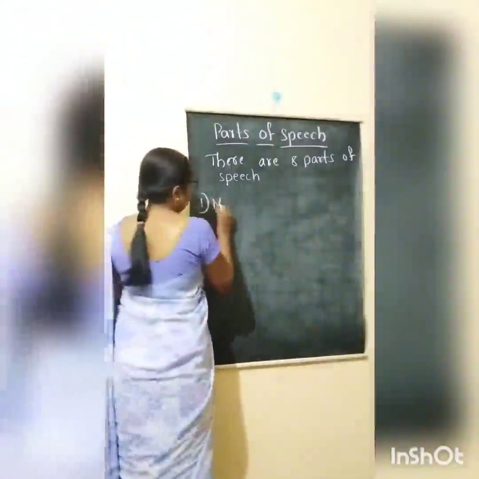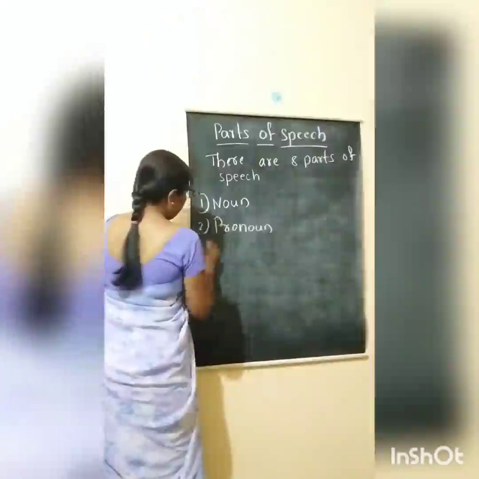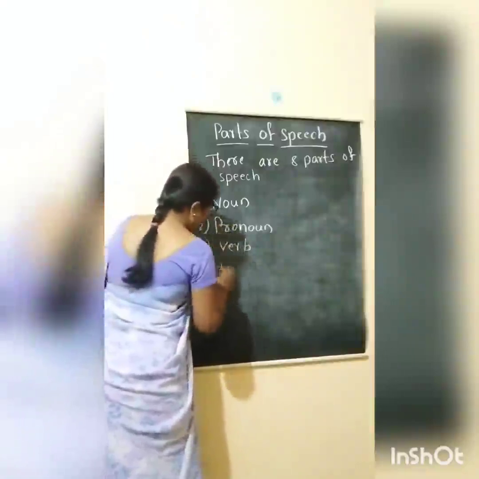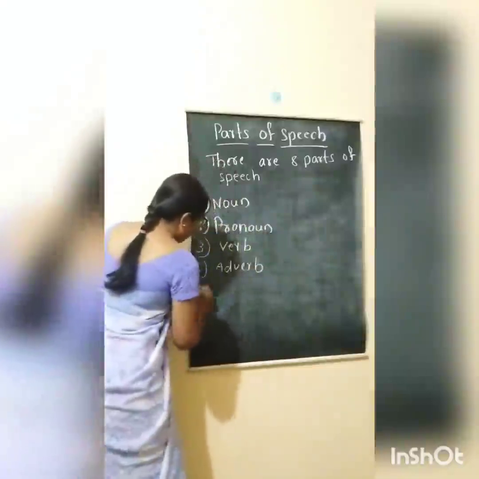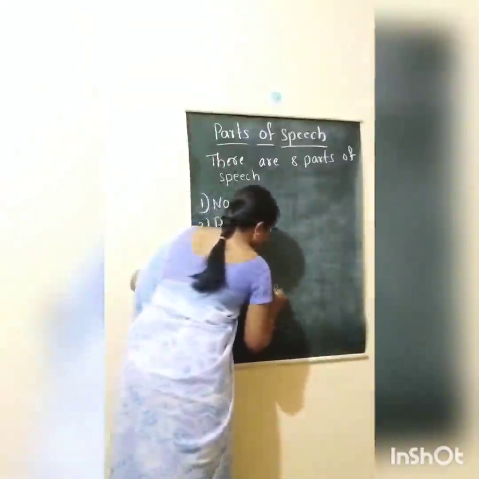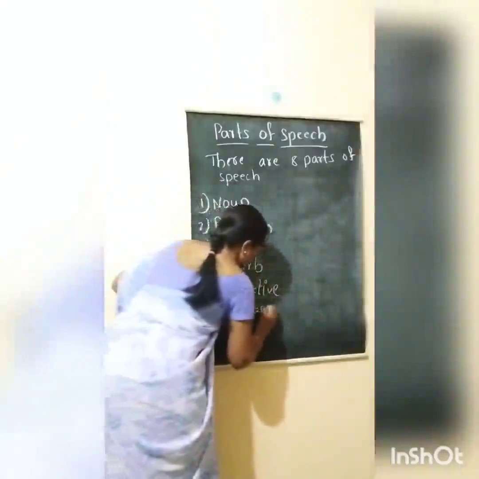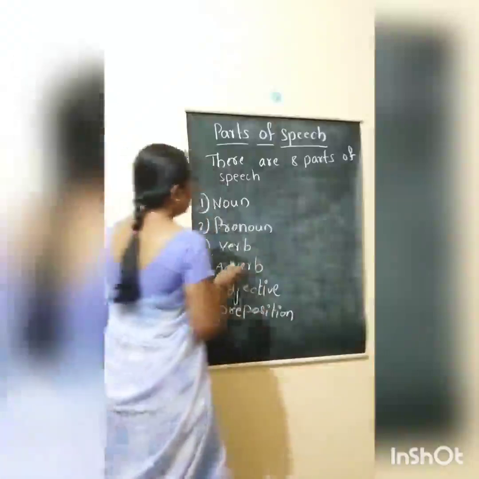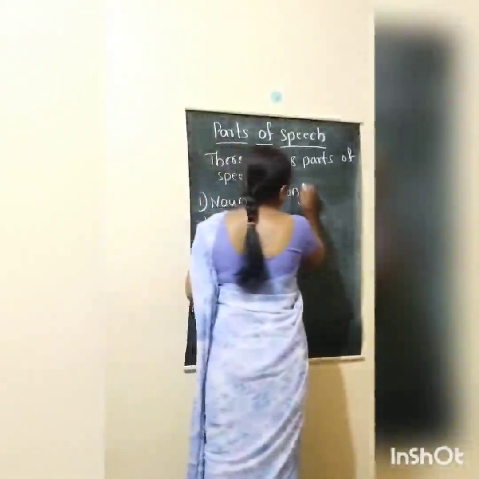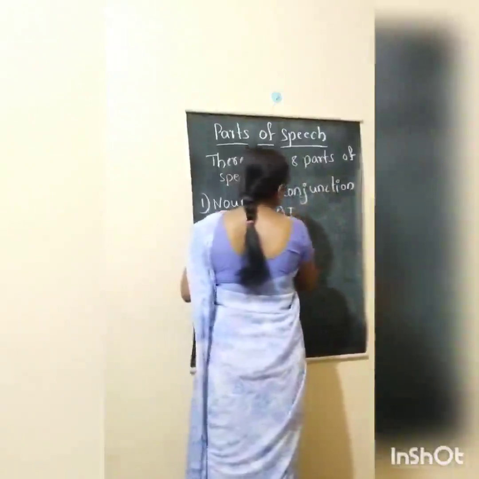First one is noun, second one is pronoun, third one is verb, fourth one is adverb, fifth one is adjective, sixth one is preposition, seventh one is conjunction, and the last one is interjection.